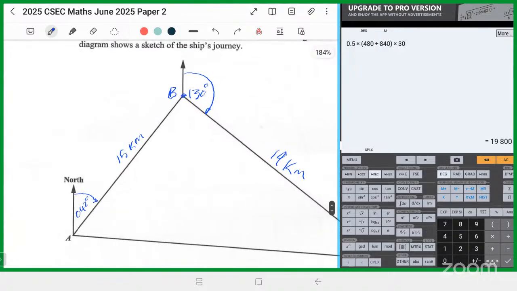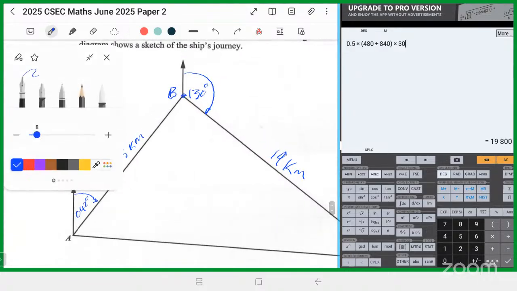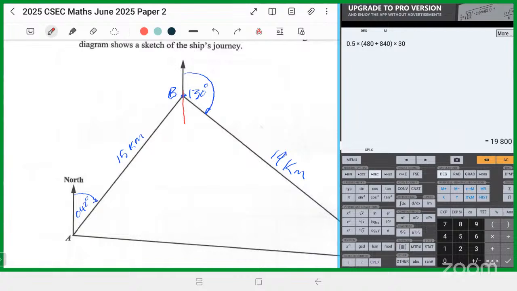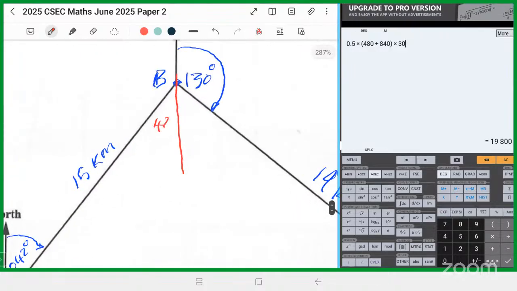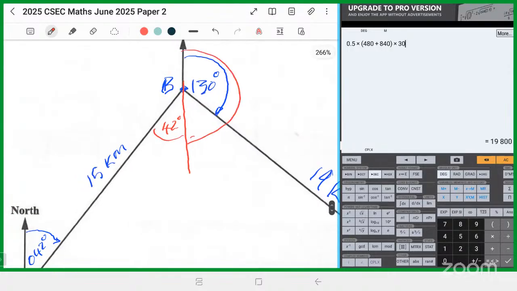Multiple ways. You can extend this side like this, and then say this is your Z angle down here. So this angle is 42 degrees. The angles are equal. And then on this side, total on a straight line is 180 degrees. This is 130, so right inside must be 50 degrees.